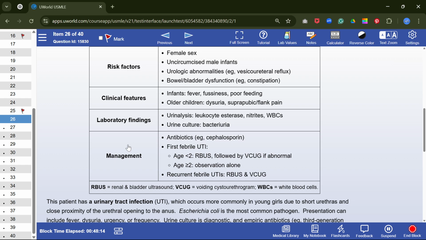If age is more than 2, observation alone. For recurrent febrile UTIs, renal and bladder ultrasound and voiding cystourethrogram.